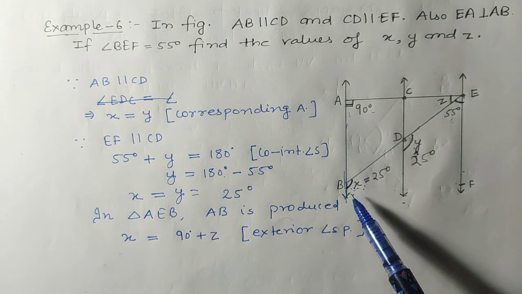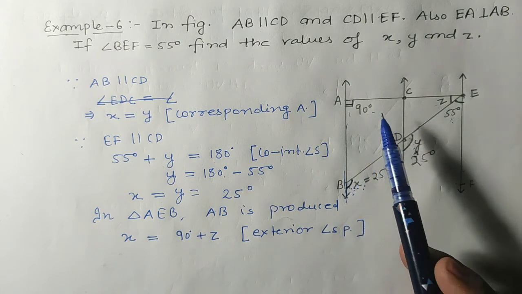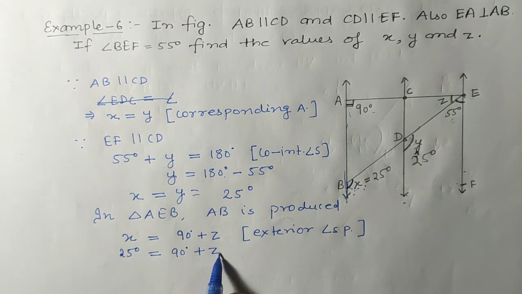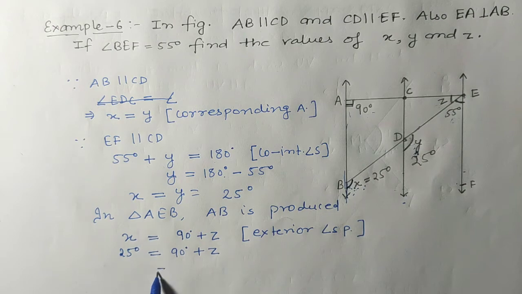So because of this reason, X is equal to 90 plus Z. Now we have the value of X, that is 25 degrees, so 25 degrees is equal to 90 degrees plus Z.